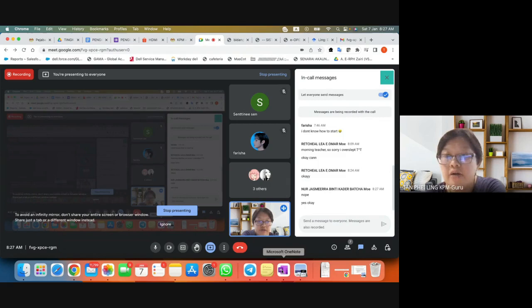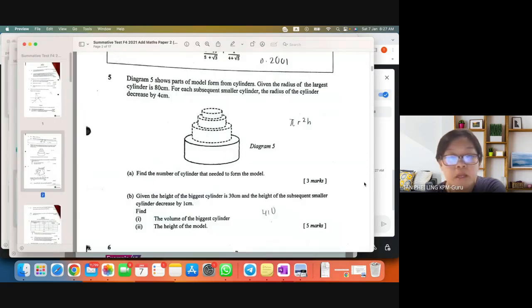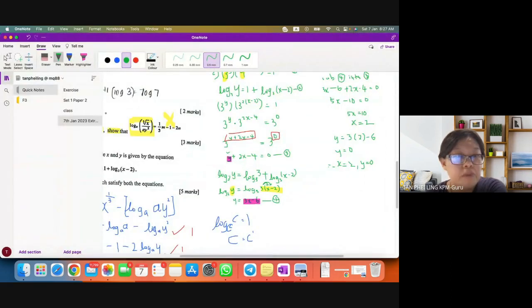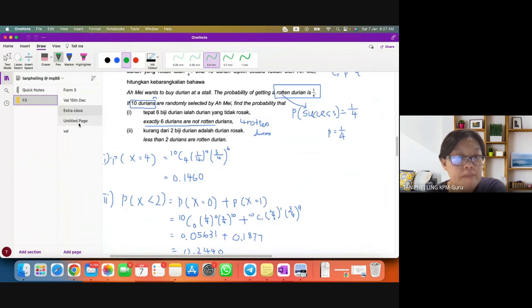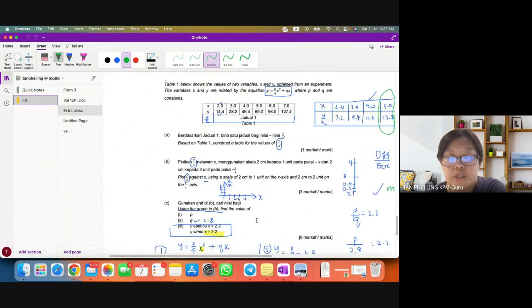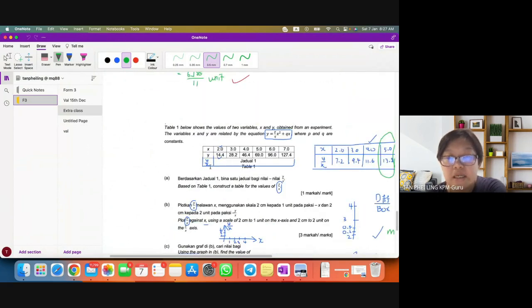All right. So now, Rachel, shall we proceed back to our Sarawak paper? Let me off this one first. Sarawak paper here. I remember this one is our extra class last week. The week when the holiday starts, we actually finished until the linear law.